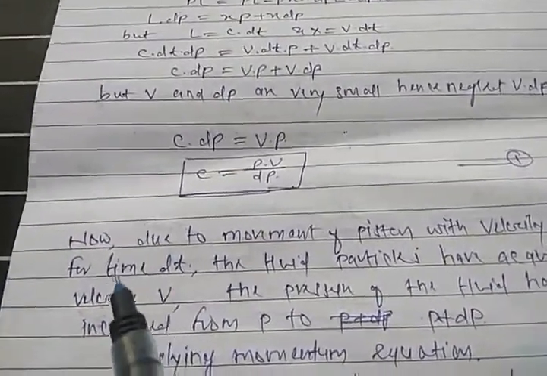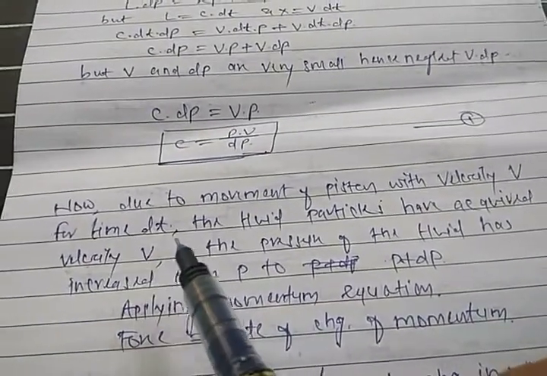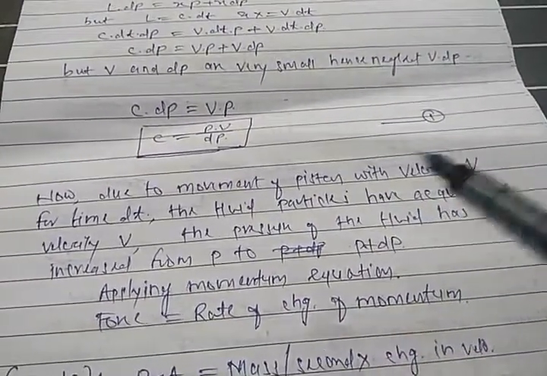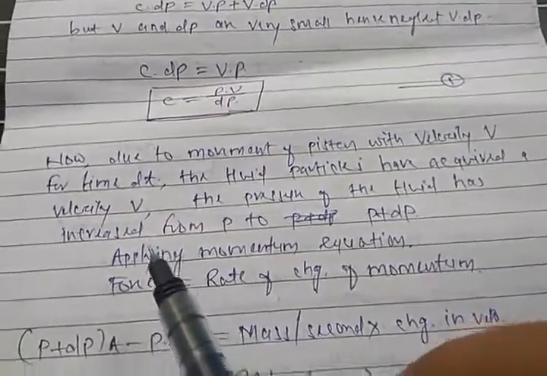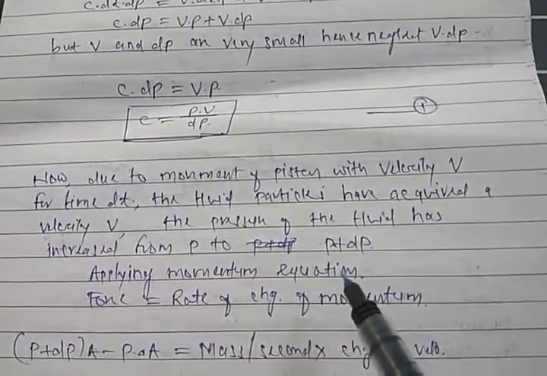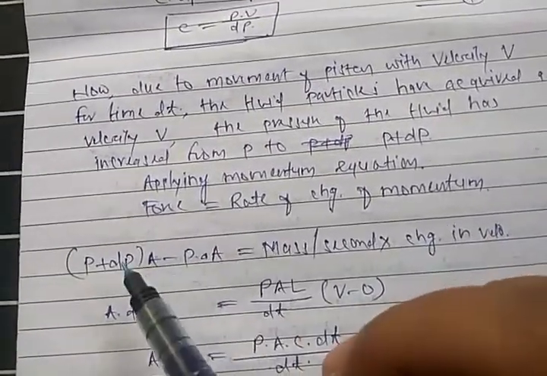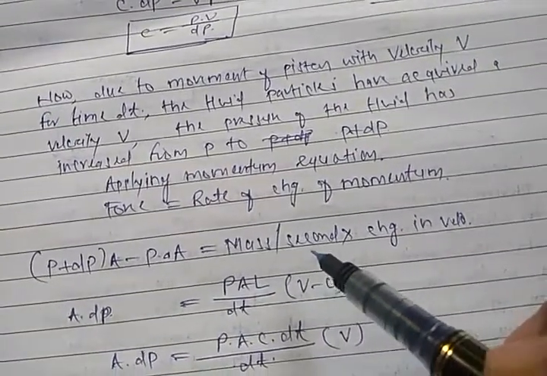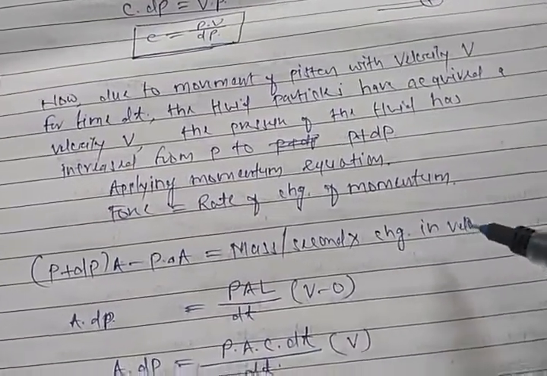Now due to movement of the piston with velocity v for time dt, the fluid particles have acquired a velocity v, and the pressure on the fluid has increased from p to p plus dp. Applying the momentum equation, force is equal to rate of change of momentum. So force is (p plus dp) into A minus p into A, equal to mass upon time into change in velocity.